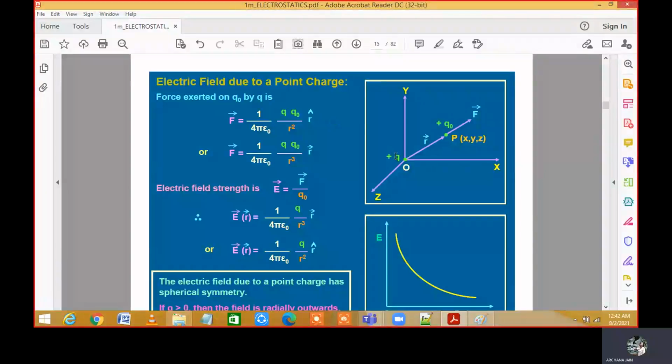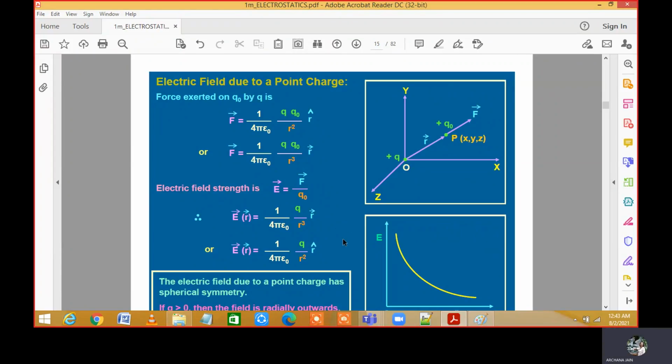This is the force between Q and Q naught. If we replace R cap, then we can write vector R over modulus of R. Now the formula for electric field strength is E is equal to F upon Q naught. When we substitute the value of F, then we get E is equal to 1 upon 4 pi epsilon naught Q upon R cube R vector.